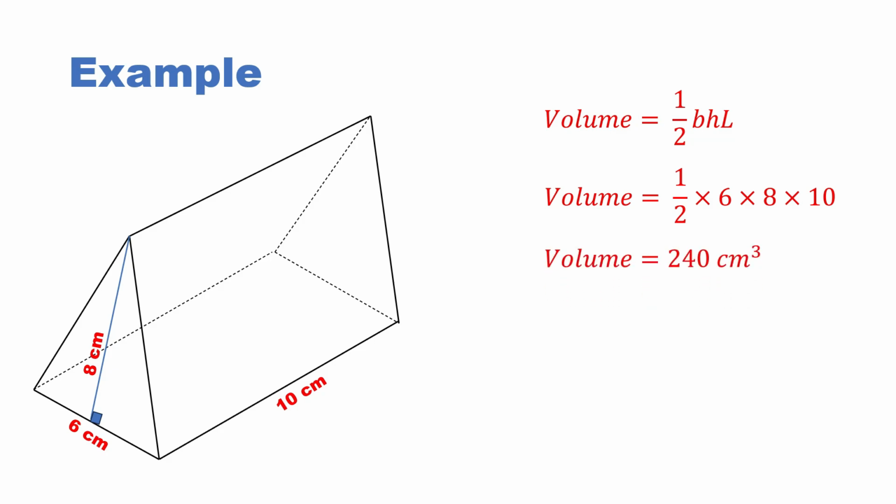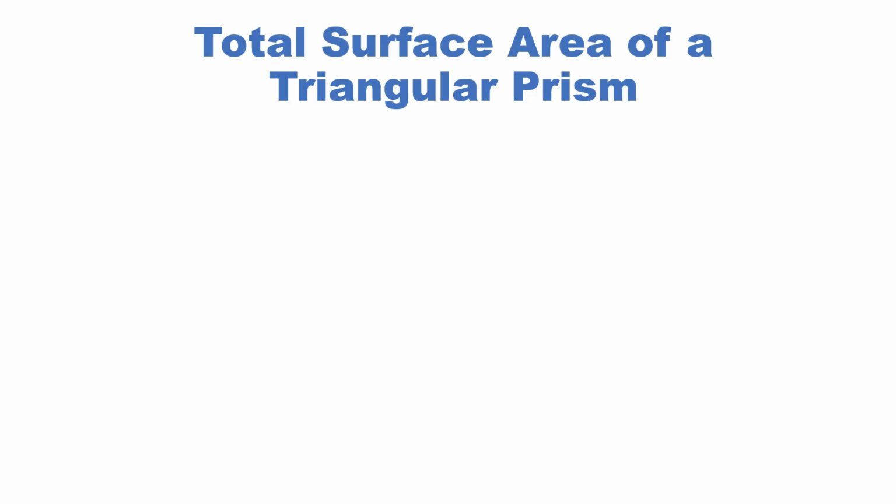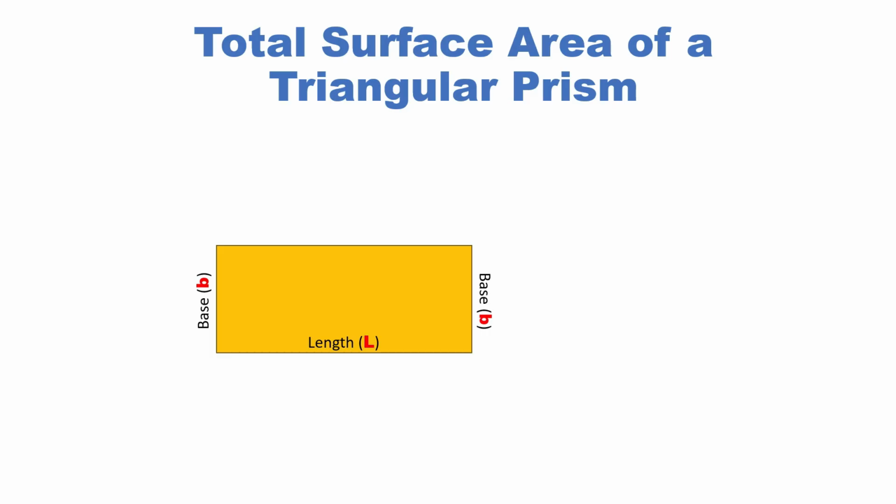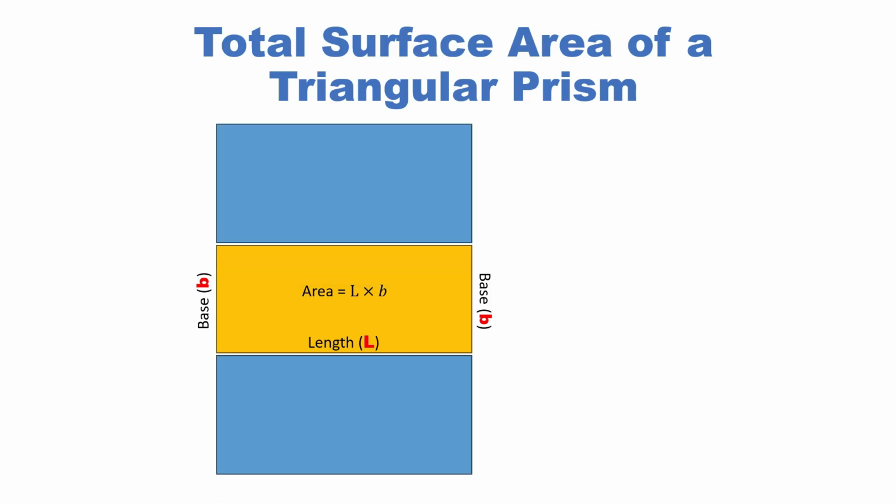Now for the total surface area, let us break this apart. We have the rectangle on the base with length L and base b. Hence the area is L times b. Then we have the two rectangles on the sides of the triangular prism with the length capital L and slant length small l. Hence the area is big L times small l.